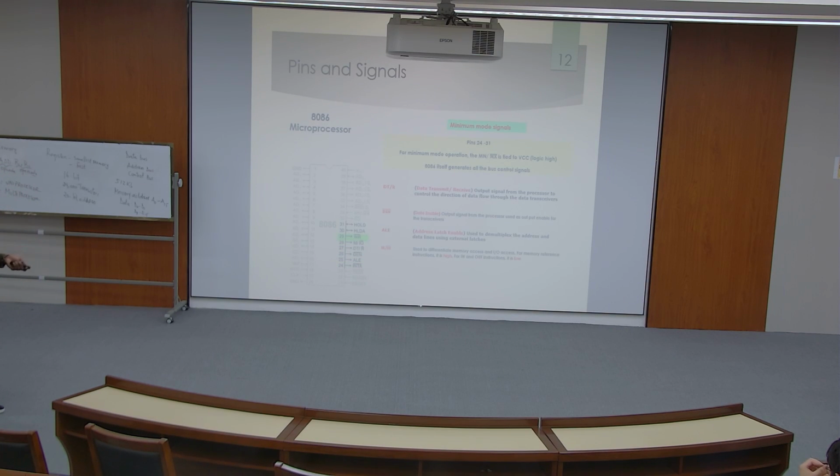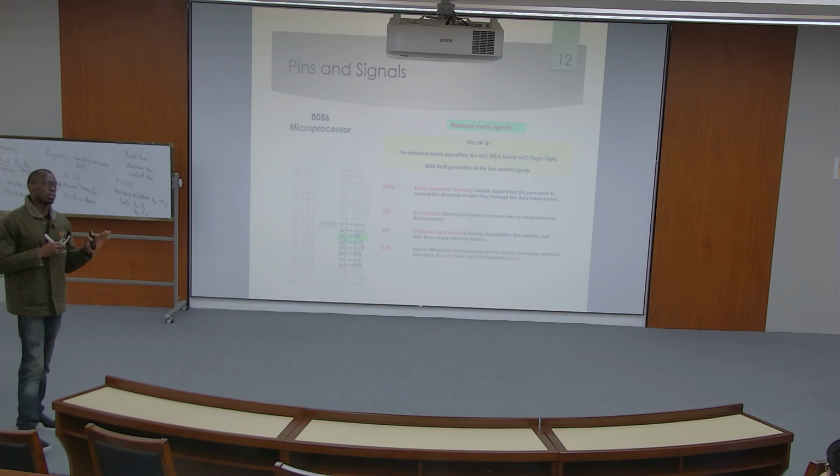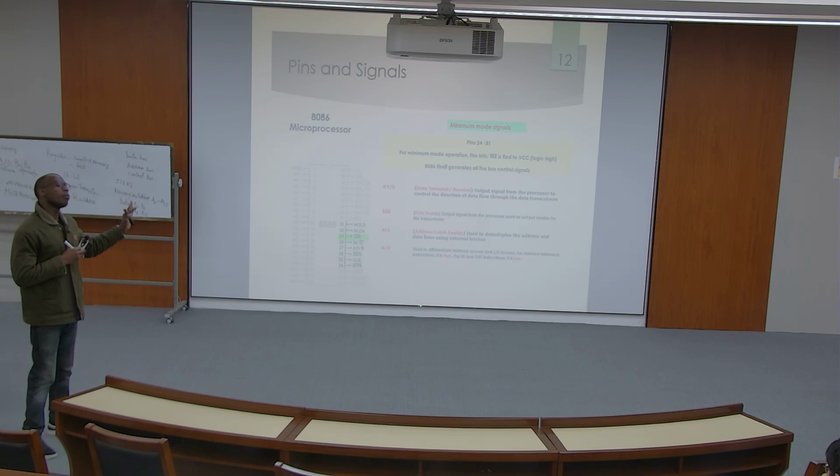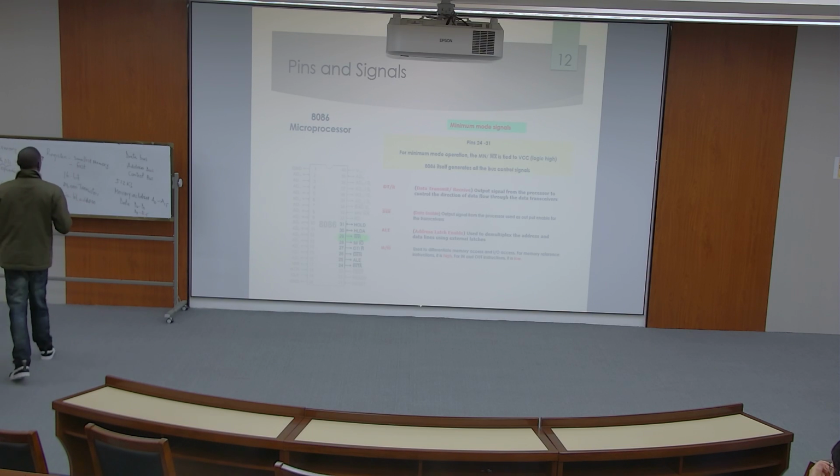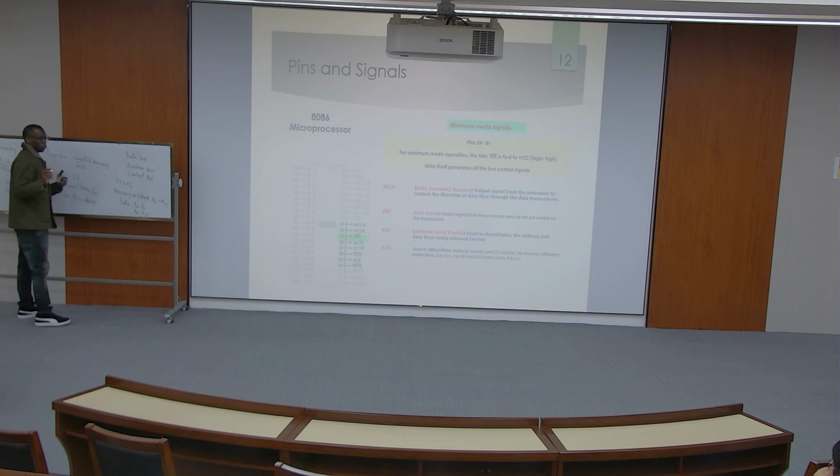The next one is M/IO, memory input output pin, which is pin number 28. This one is used to differentiate between memory access and input output access. We know that the microprocessor has to interact with the memory to read data from the memory or to store data to the memory, or to interact with input output to get input from the input device or provide the result to the output devices.